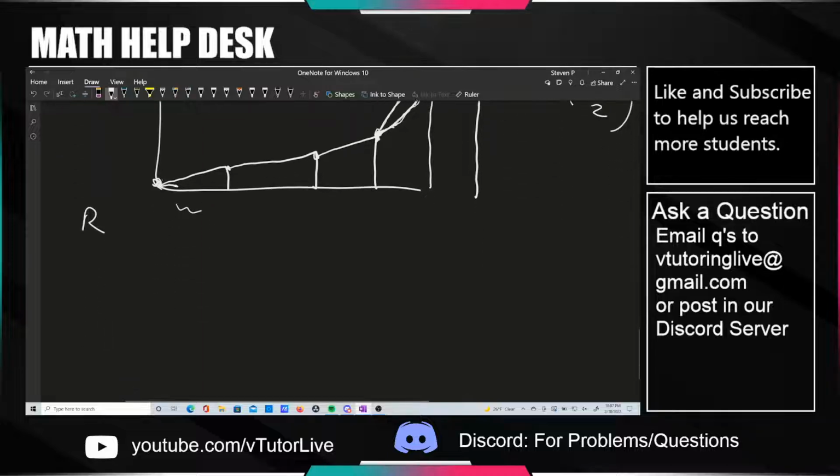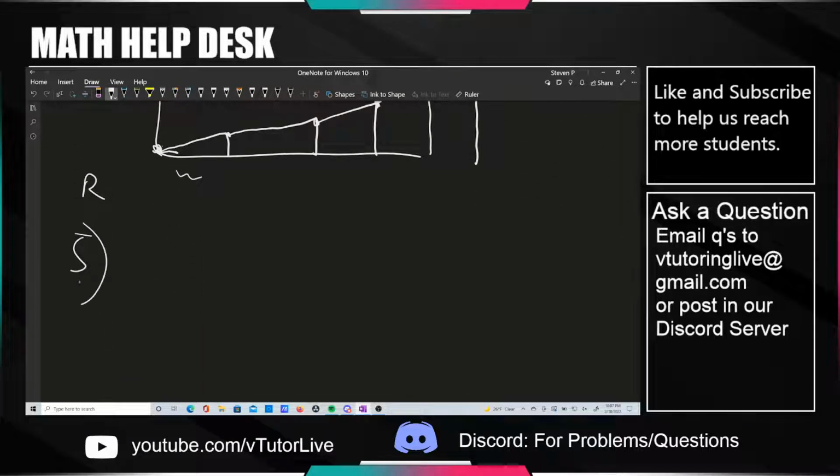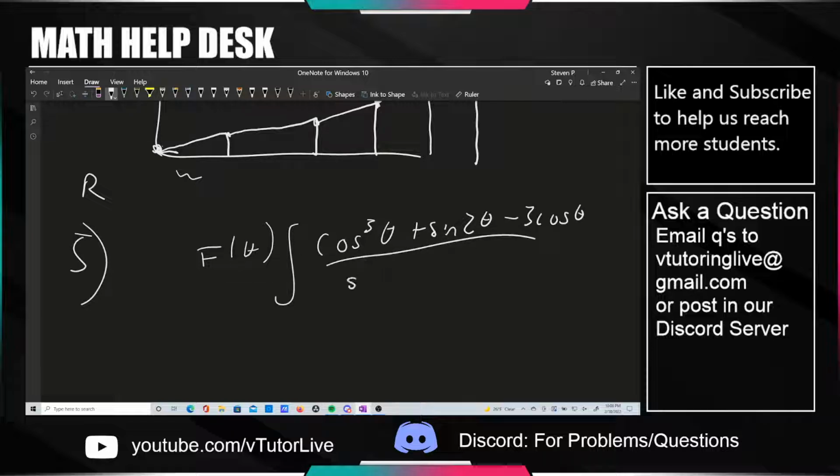All right, anyways, we're getting to the end here. The next couple of problems start to become pretty computational, I think. Cosine cubed theta plus sine 2 theta minus 3 cos theta, over sine cubed plus 3 cosine squared plus 2 sine theta minus 3, d theta.